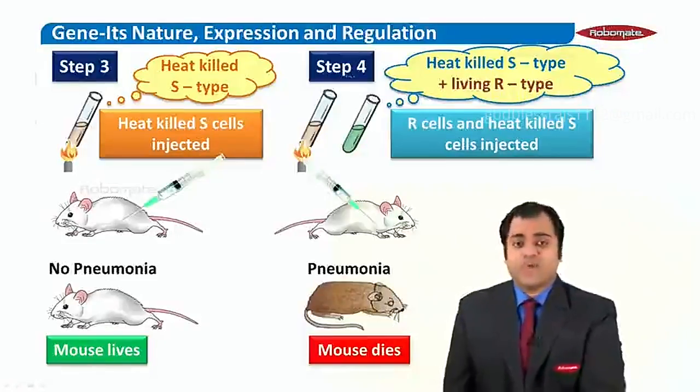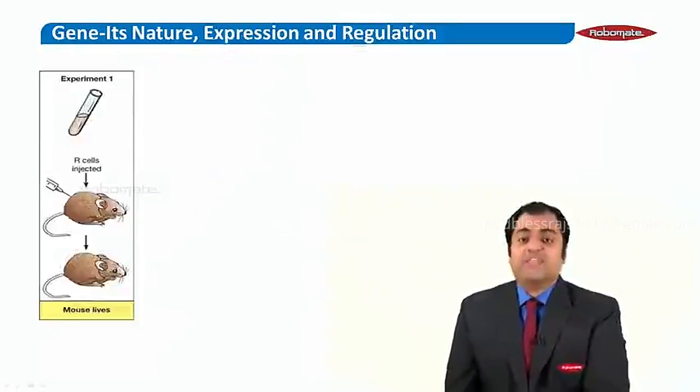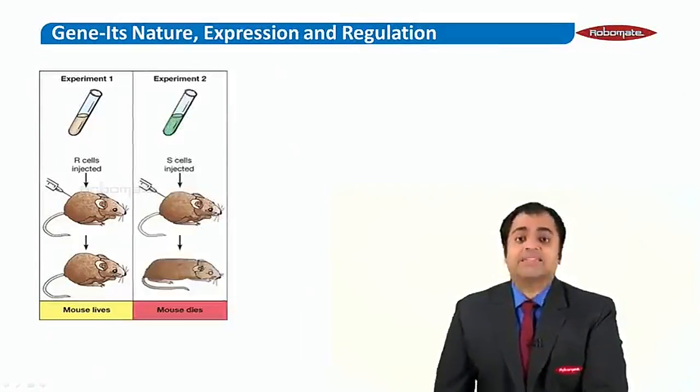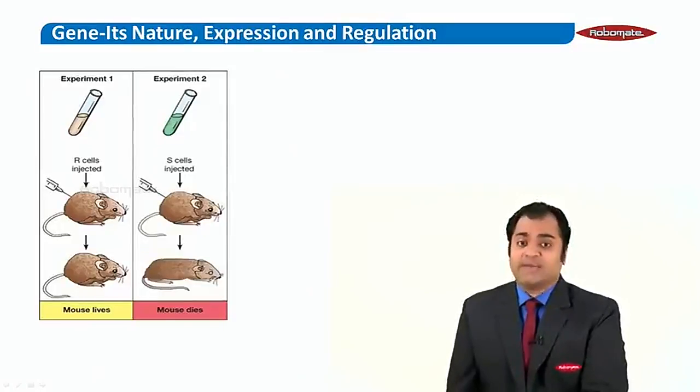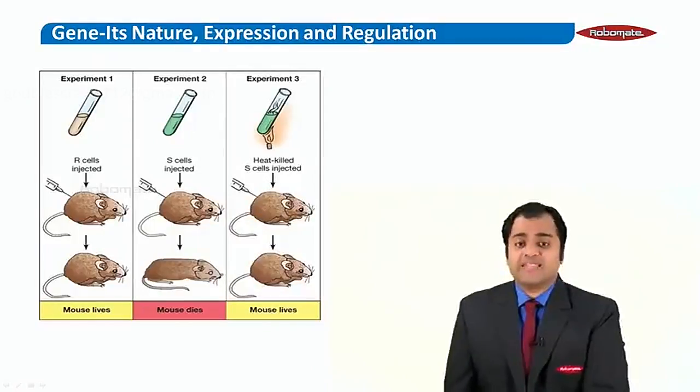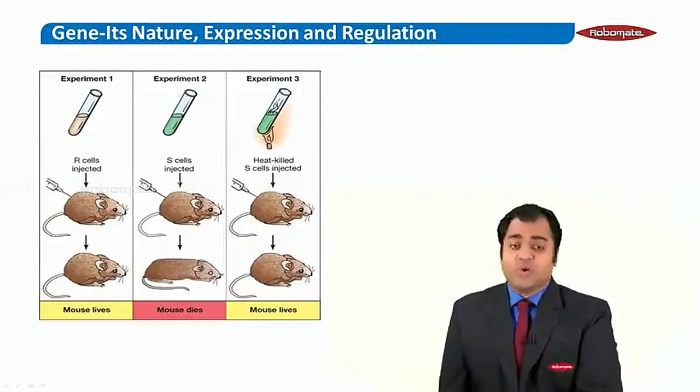Let us recollect the 4 steps once again. In the first experiment, the R cells were injected in a healthy mouse and the mouse lived because no pneumonia. In the second experiment, when the S cells were injected, the mouse died because of pneumonia. In the third set, when the S cells were heat killed, the mouse still survived, correct, because no pneumonia.